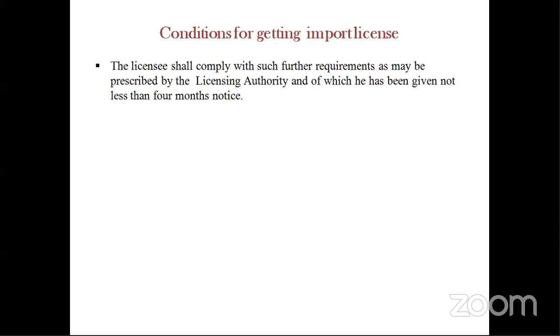You have to give the 4-month notice to the licensing authority that you require a license which complies with the Schedule X category of drugs or others. So first you give the 4 months' notice that you are dealing with Schedule X drugs, so you have to get the license. After the notice, they send an inspector to your manufacturing area.